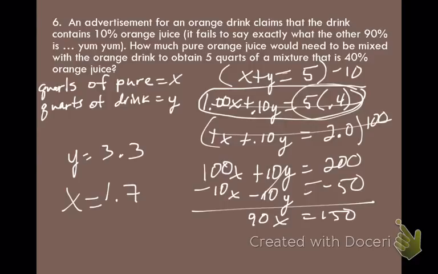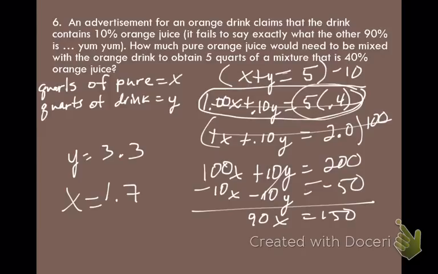Now, if X is pure orange juice, then it's going to be 100% orange juice. So we take the quarts times 100%, or 1, if you convert that to a decimal. And then Y is the quarts of the drink, so to find out how much orange juice is actually there, we take the quarts times the 10%, because it's a 10% drink, so 0.10.